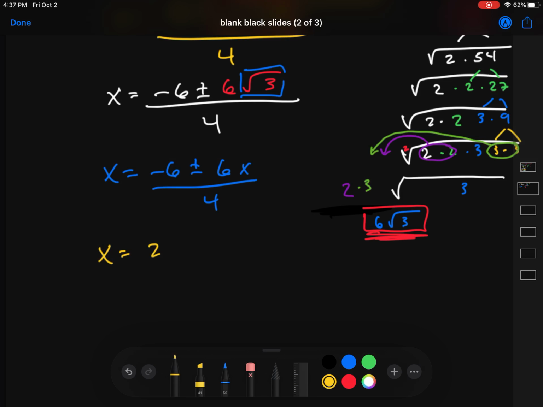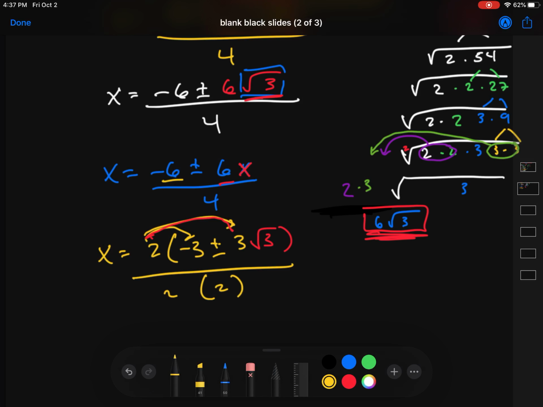2 times negative 3 plus or minus, remember it's like distributing to get the number above, right? This would be a 3. And then instead of having x here, I have radical 3, because 2 times 3 would give us that 6, all over 2 times 2.